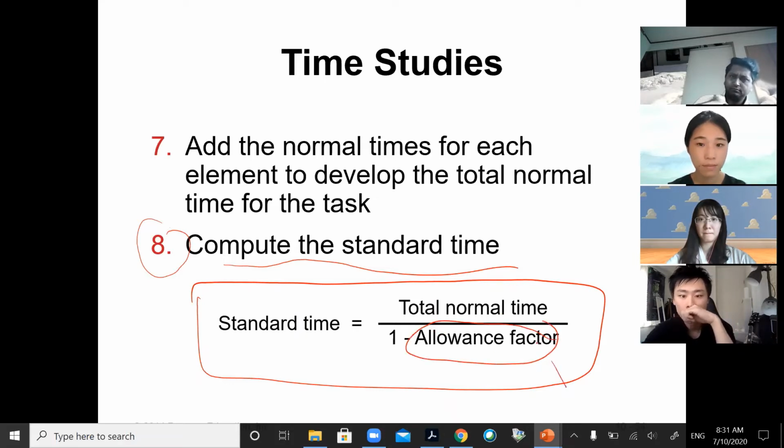This is also a factor given to accommodate things which are unavoidable. You need to give some rest time, some fatigue allowance, in order to make sure that you do not give too short a time. If you give too short a time, the worker cannot actually complete the work.